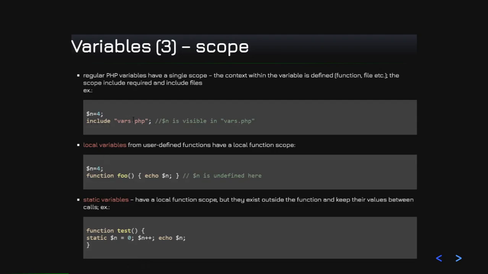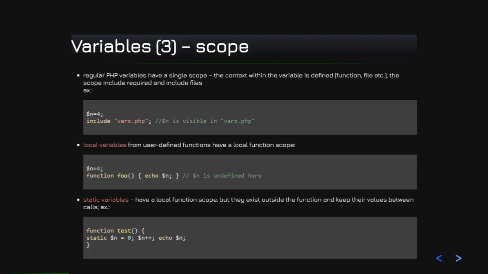So here we have an example where we include the content of this file into the current PHP file, and because we have a variable called n in the current file, this n would be visible in the included file. That's what it means that the scope includes required and include files.